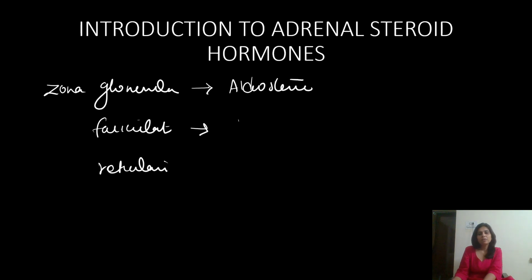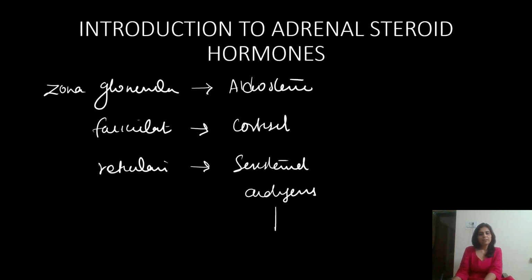Fasciculata releases the glucocorticoid cortisol, and reticularis releases sex steroids. When I say sex steroids, we know the adrenal cortex principally releases adrenal androgens. And once these androgens are acted upon by aromatase, they get converted to estrogens.